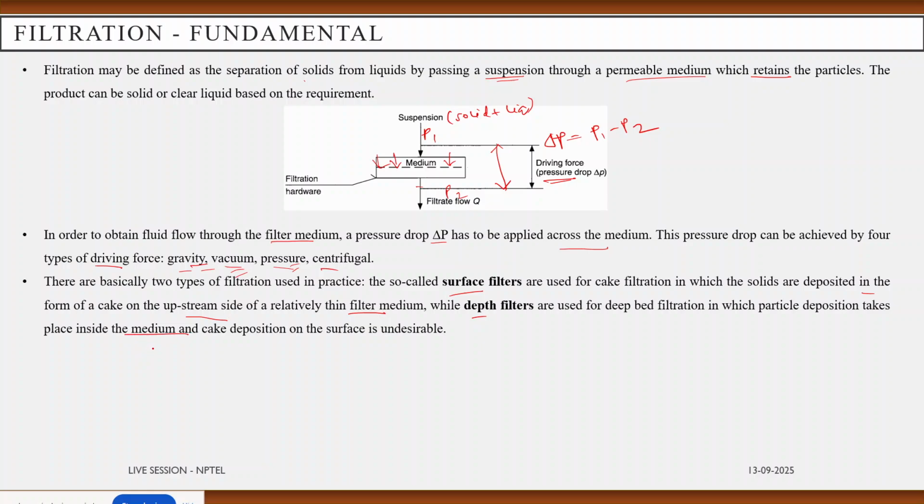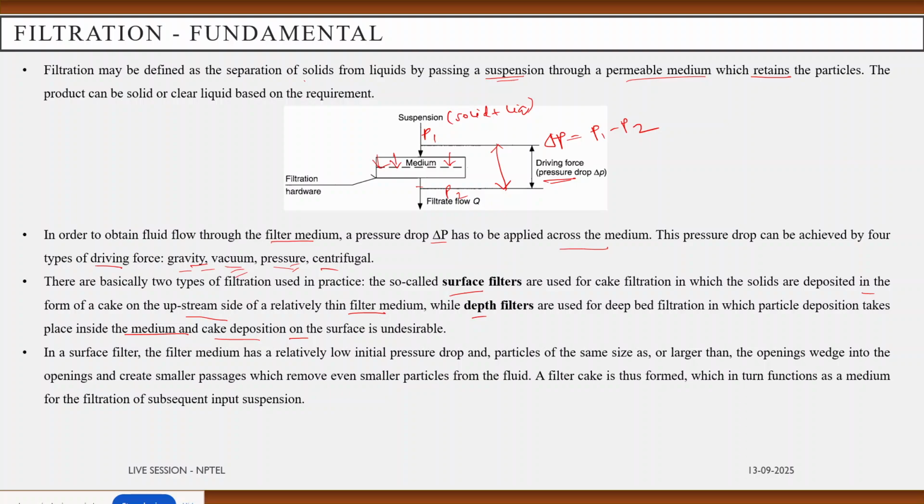Cake deposition on the surface in deep bed filtration is not desirable. This is the basic difference between surface filtration and deep bed filtration.